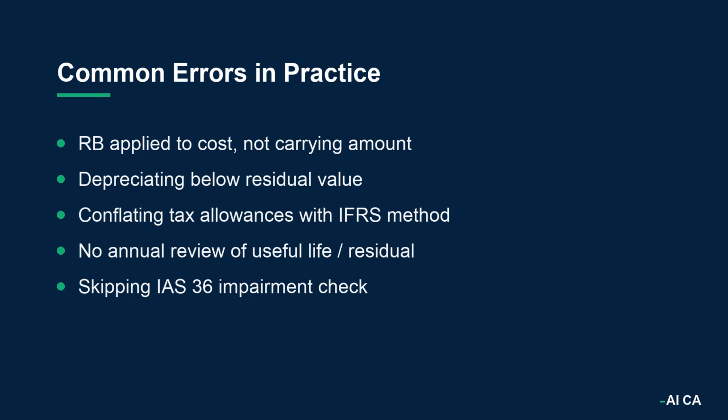Some preparers also confuse the accounting depreciation method with the tax depreciation allowance. SARS's wear and tear rates are irrelevant to the IFRS method choice. Deferred tax bridges that gap. And finally, always check whether an asset has been tested for impairment under IAS 36 before concluding that a low carrying amount is simply the result of depreciation.